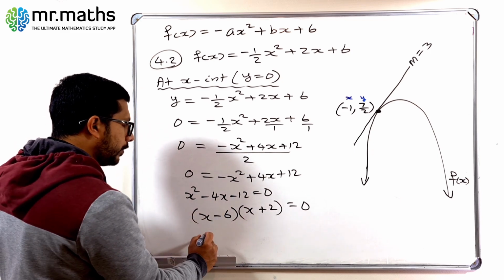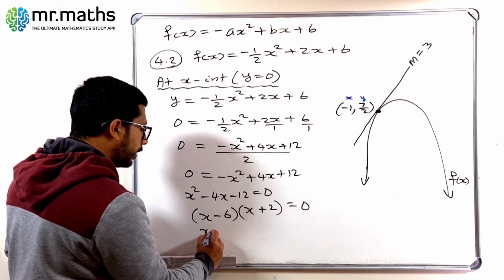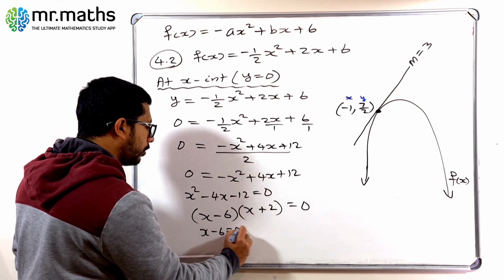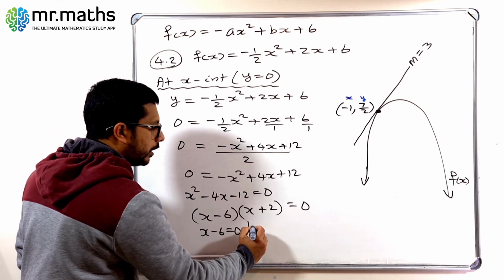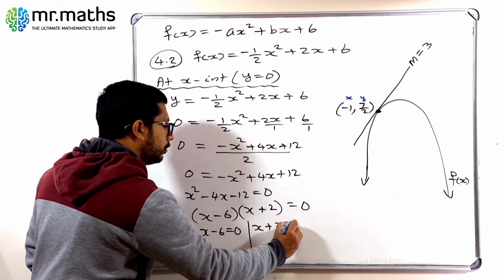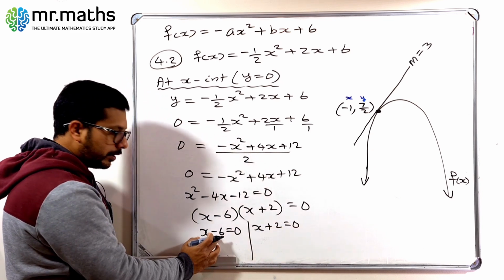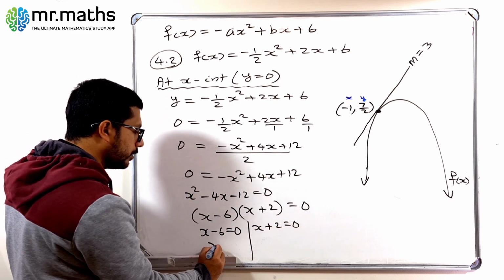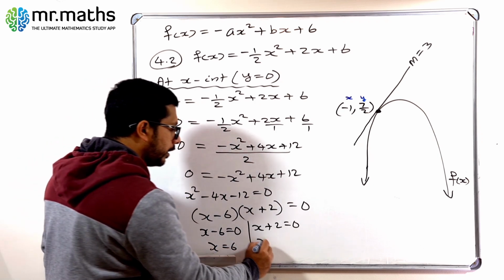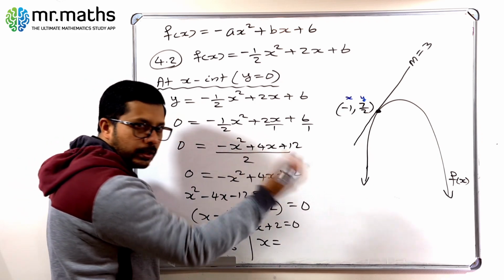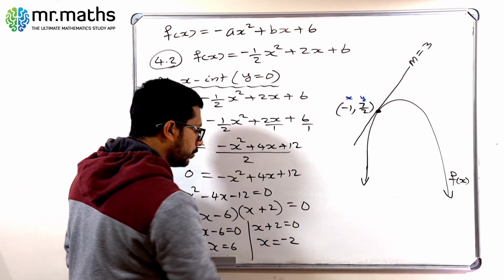So what is the meaning of that? It means that either x minus 6 is equal to 0 or x plus 2 is equal to 0. Take this minus 6 to the other side, so x is equal to 6, and take this 2 to the other side, so x is equal to minus 2.